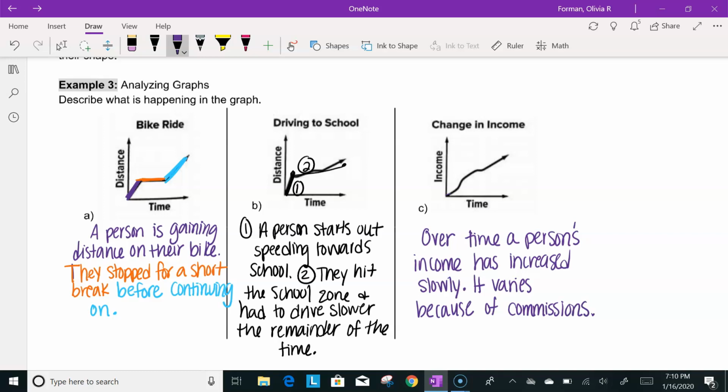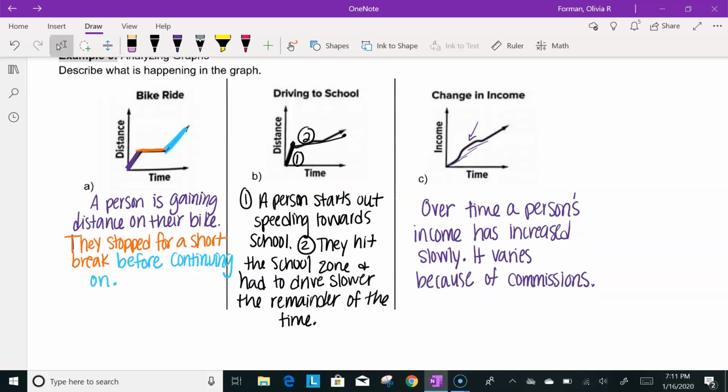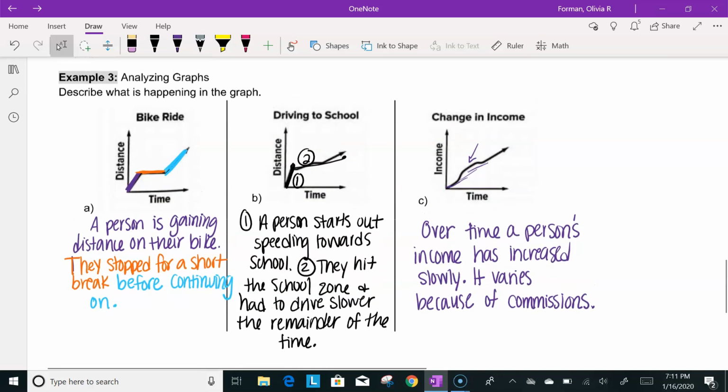So it's just saying that over time at this job, their income has been increasing throughout that year. But maybe here where you see it's a little taller, I was thinking, well, maybe they're in a job where they do commission work. So maybe those years they just sold more of their product than other years. Okay, so again, there's not one right or wrong answer. That's just kind of one interpretation of those graphs.